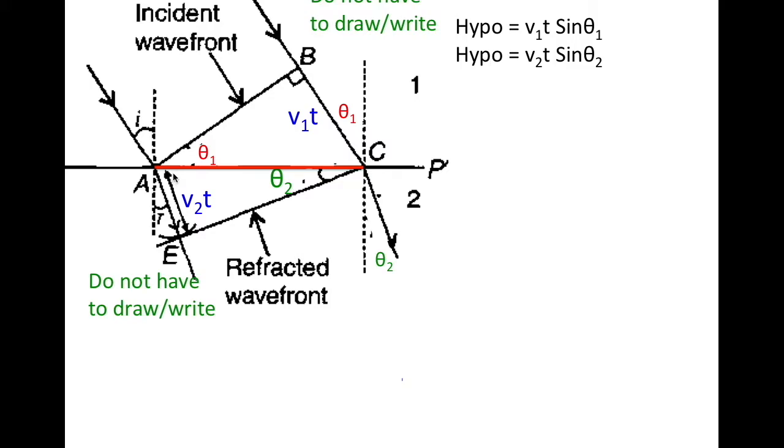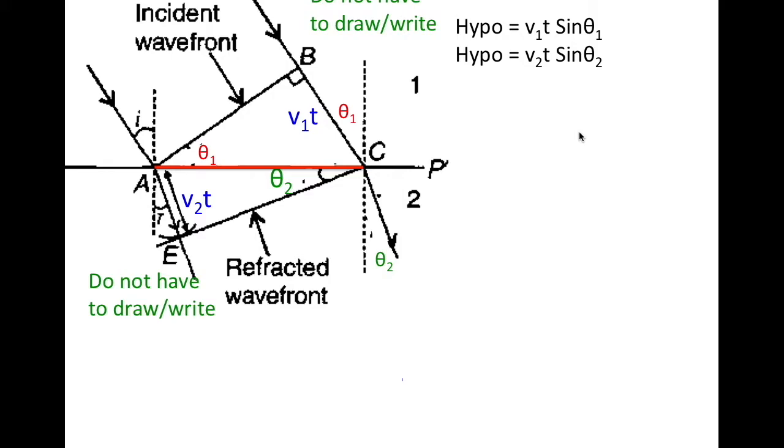And the hypotenuse here, in order to figure out this area, we would do sine of theta 2, and that would be the opposite over the hypotenuse, and that would give us v sub 2 t over sine theta 2.